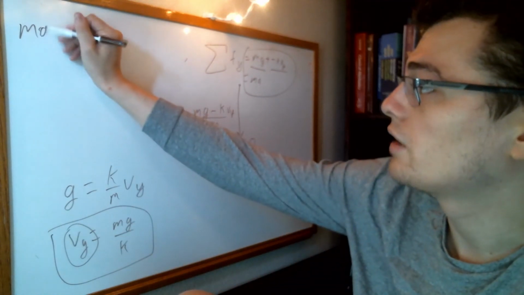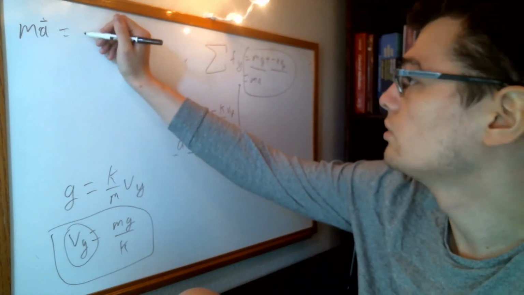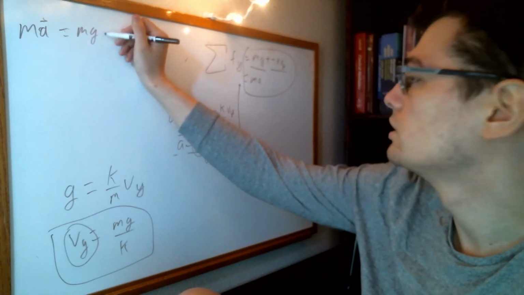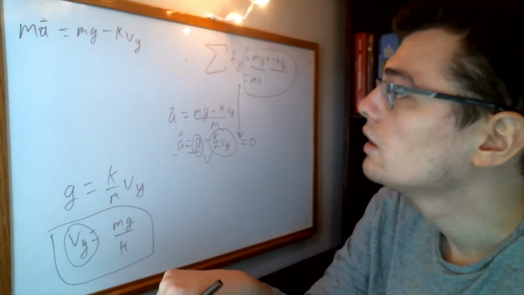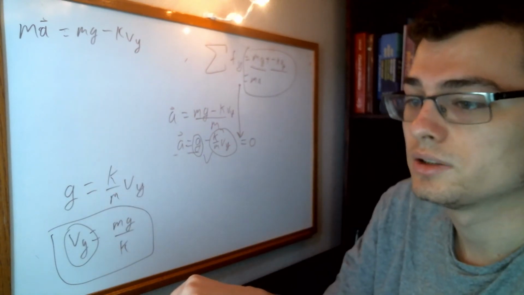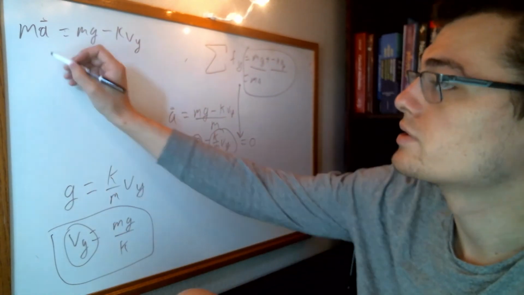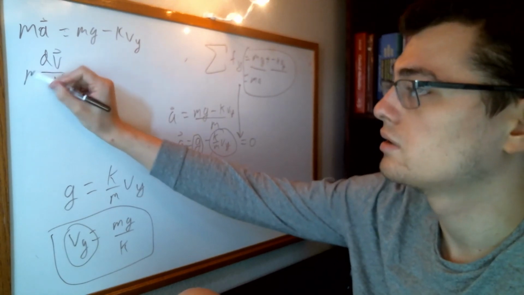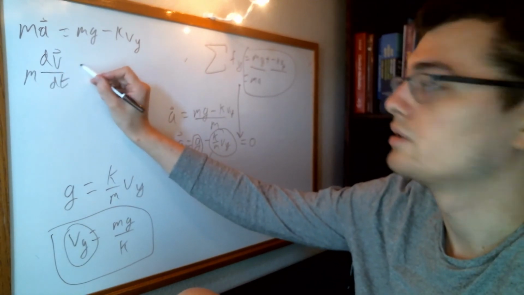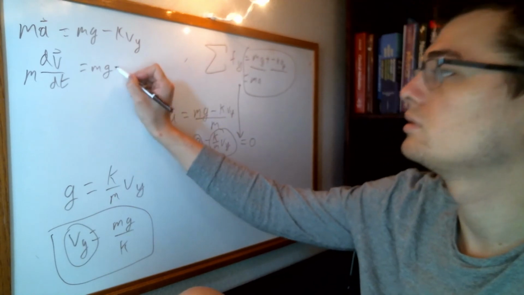So we have ma equal to mg minus kvy. And then we can say that a is dv/dt, and this is going to equal mg still.